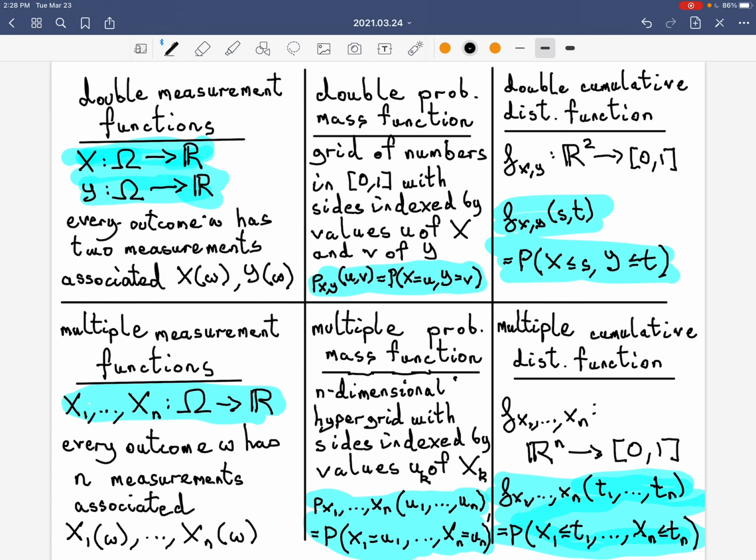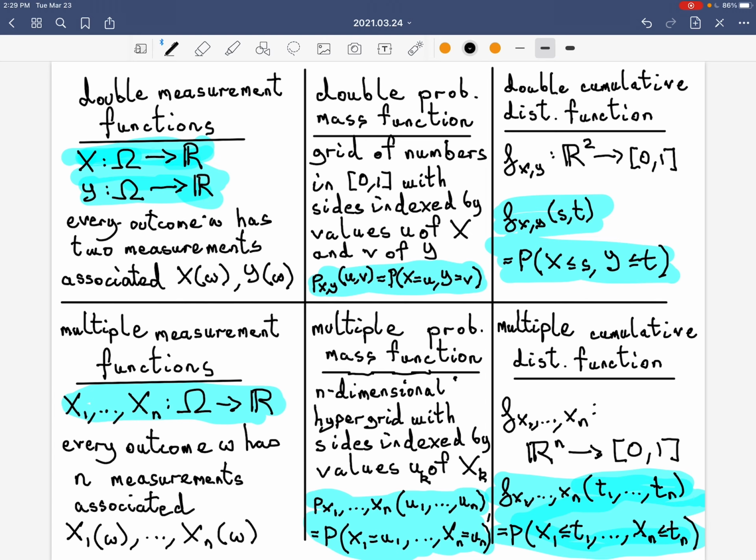It takes a pair of real numbers as input and returns the probability that the first random variable is less than or equal to the first real number, and the second random variable is less than or equal to the second number. So it puts an upper bound on the first random variable, an upper bound on the second random variable, and asks for the probability that the pair simultaneously satisfies that coupling of upper bounds.